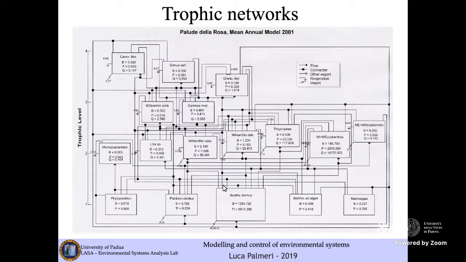Here, the arrows, sorry, the lines represent paths of exchanges of media. Inside the boxes, you have the storages. B refers, for example, to biomass, while P refers to production. No, sorry, TL is another indicator. The important ones are B, biomass, and P, production.